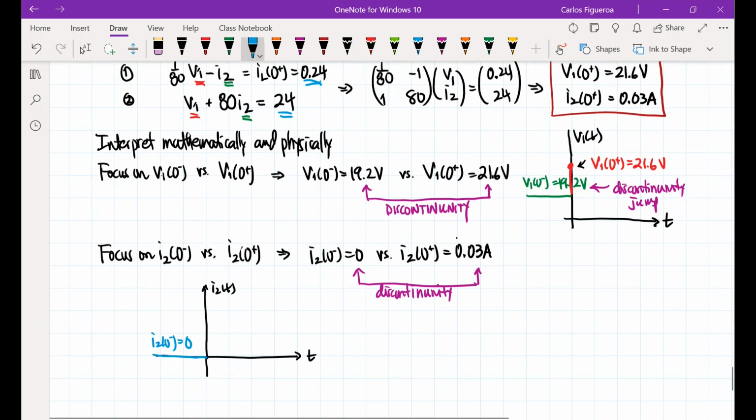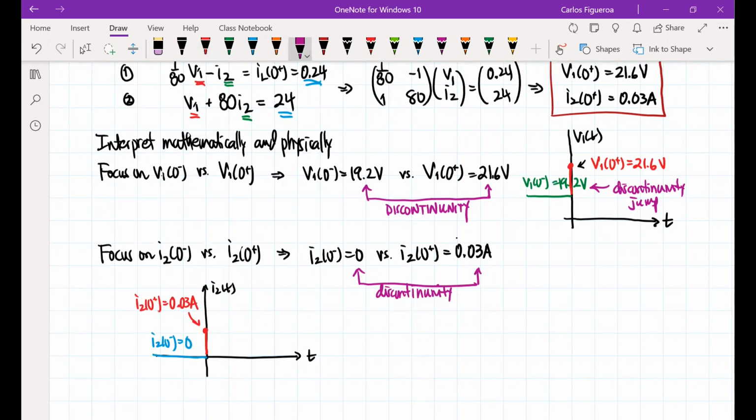And then I get a jump that goes up to this point right here, and that point tells me that this is I2 of 0 plus, which is 0.03 amps.